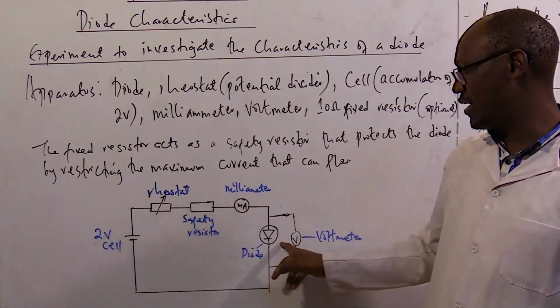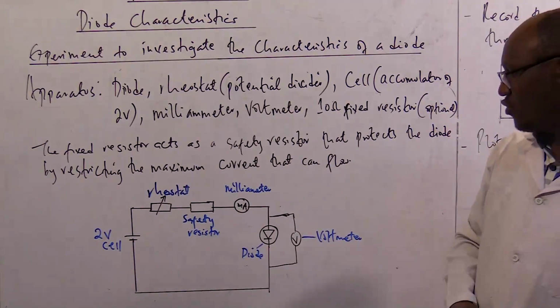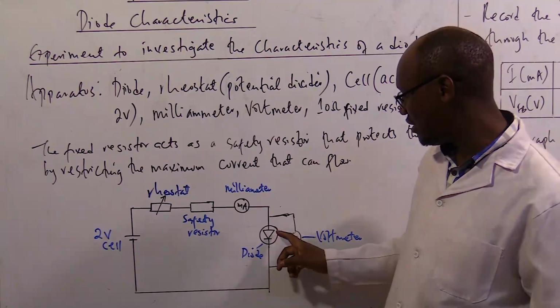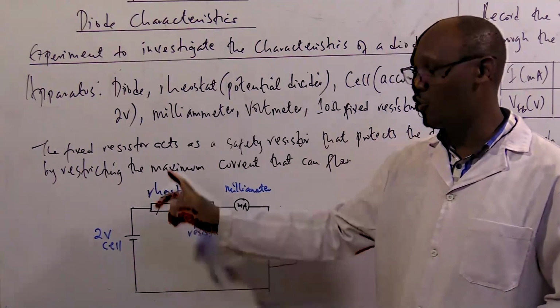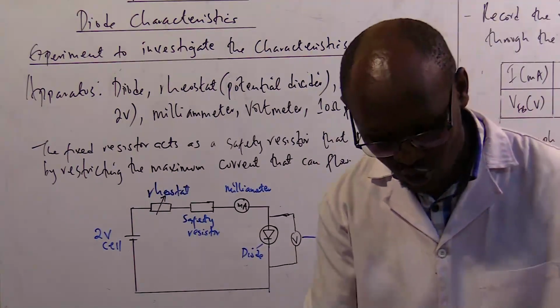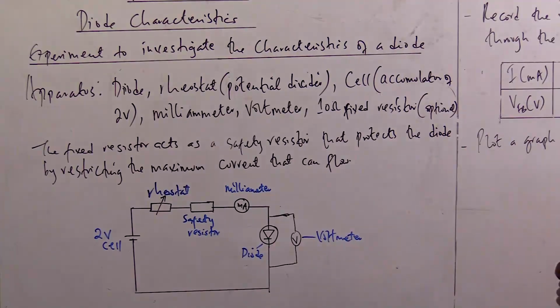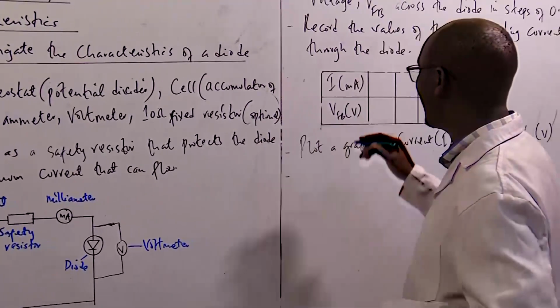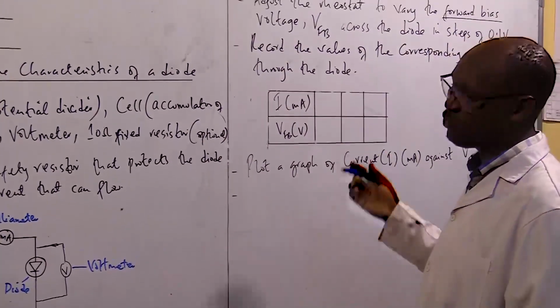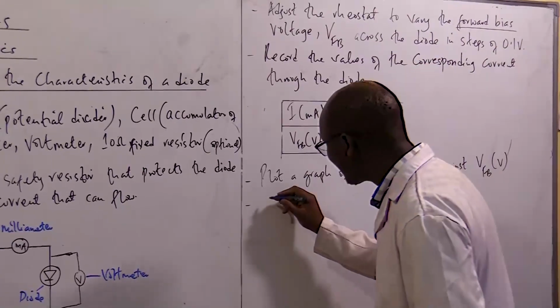You can change the terminals of the diode so that it is reverse bias, so that the negative is connected to the positive, or you can change the direction of the cell. We'll be looking at that in a short while, and then we'll see what happens.